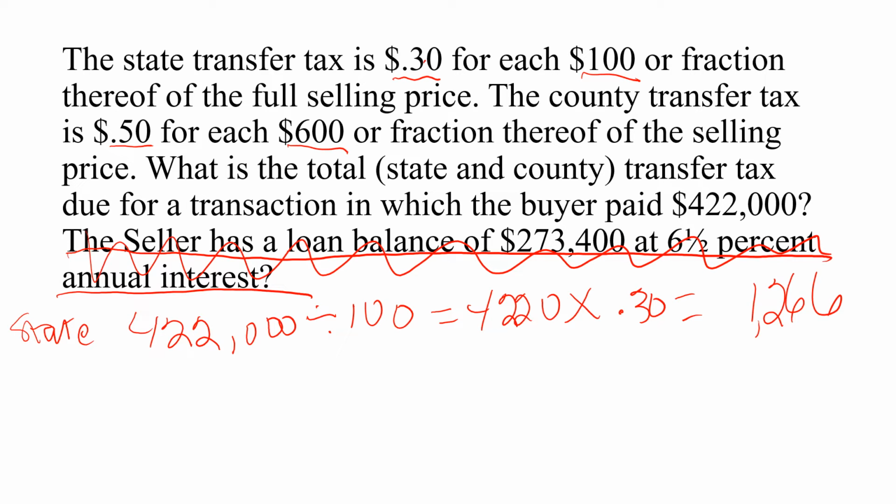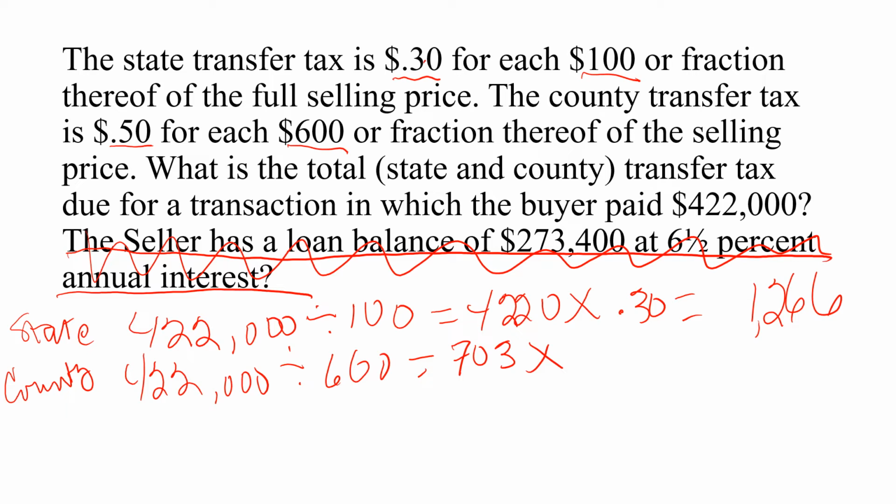Okay, and then we will do the county, 422. Now we're going to divide by 600 because it's per 600. Gives us 703. Multiply it by 50 cents. Gives us 352. Simply add those together and the total is 1618.